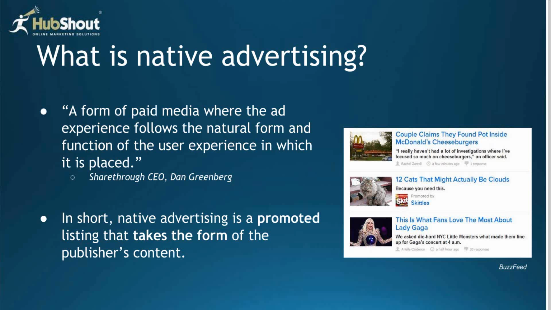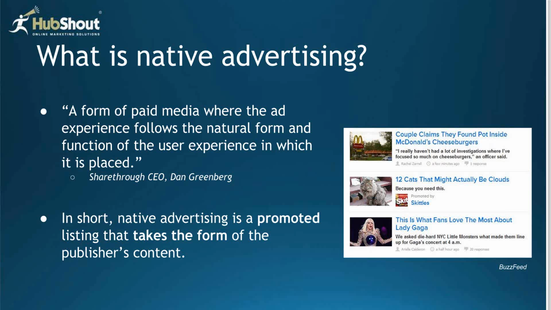I'm just going to read a couple quotes that we thought were very constructive and useful. It's a form of paid media where the ad experience follows the natural form and function of the user experience in which it's placed. Another quote here is, in short, native advertising is a promoted listing that takes the form of the publisher's content.